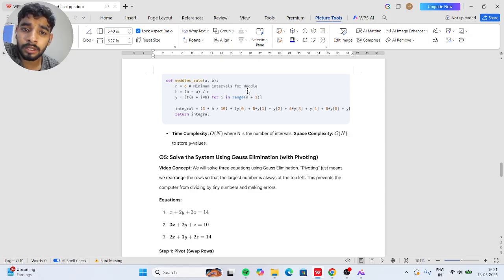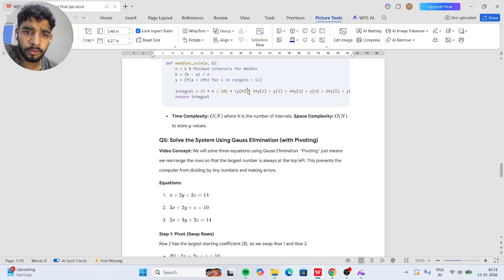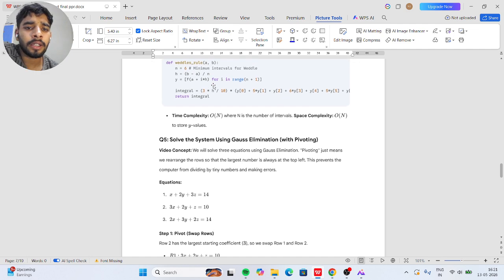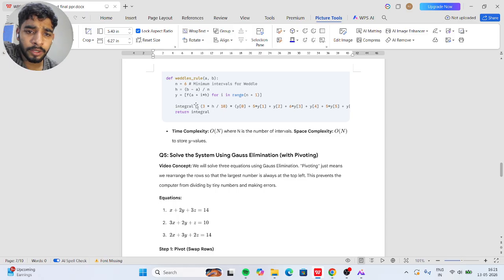We know that Weddle's rule is obtained by putting n equals 6 or a multiple of 6. So now we calculate h as b minus a by n, and y equals f of a plus i into h for i in range n plus 1. Here we are calculating the value of h.